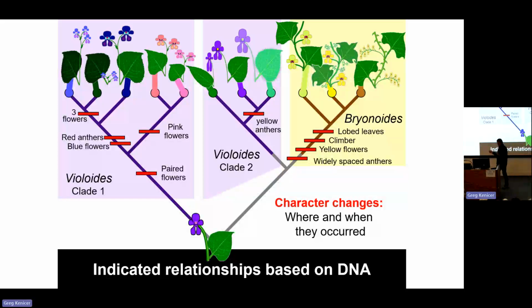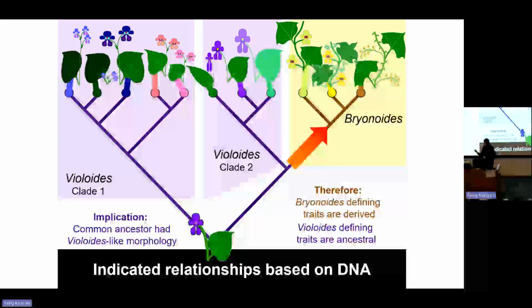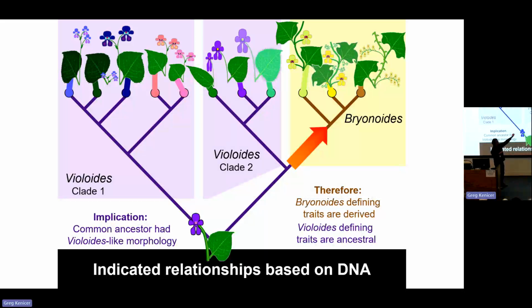If you know your Darwin, you may have heard of punctuated equilibrium as a way he described evolution. And this would be a punctuation. So you can see sometimes you get these single lineages where there's a big, rapid change. And that's how you may get something that morphologically looks like a different genus deriving within something that morphologically looks like a first genus.